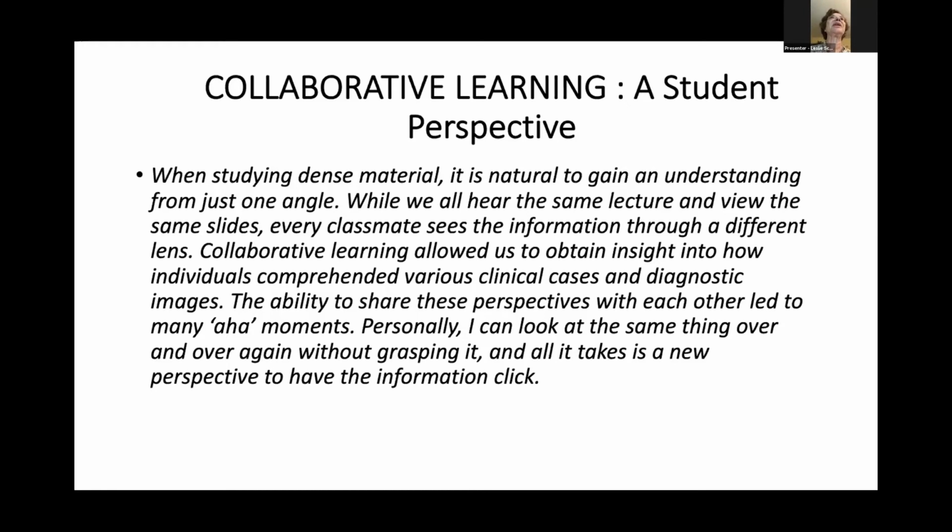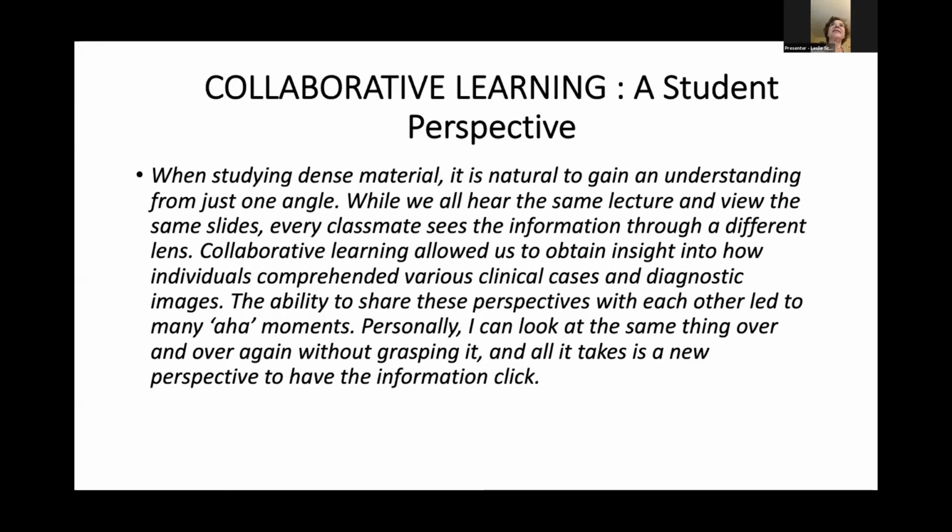Collaborative learning allowed us to obtain insight into how individuals comprehended various clinical cases and diagnostic images. The ability to share these perspectives with each other led to many aha moments. Personally, I can look at the same thing over and over again without grasping it, and all it takes is a new perspective to have the information click.